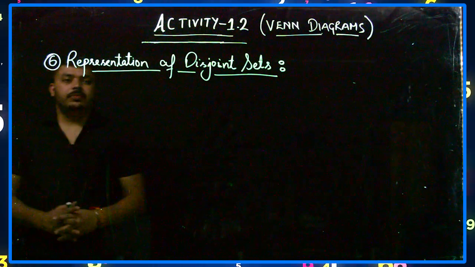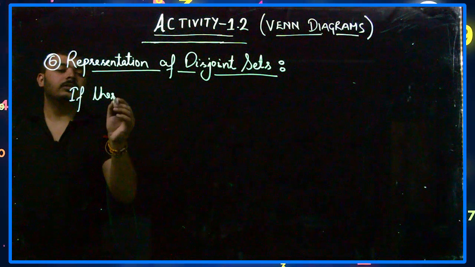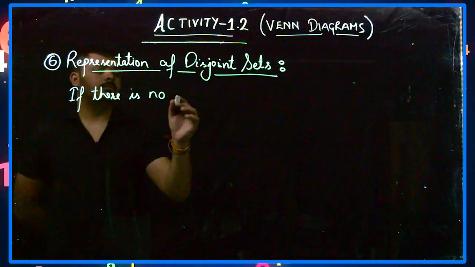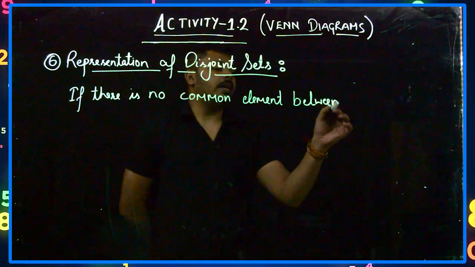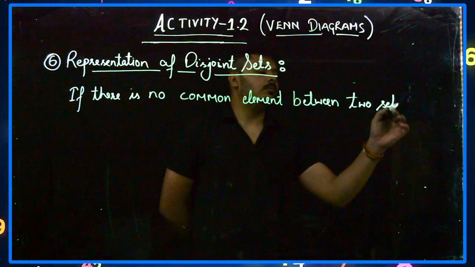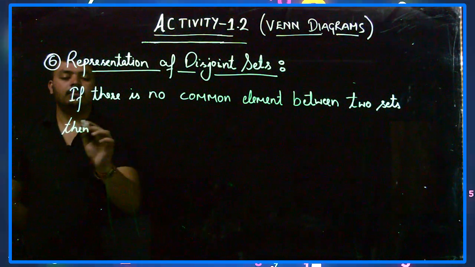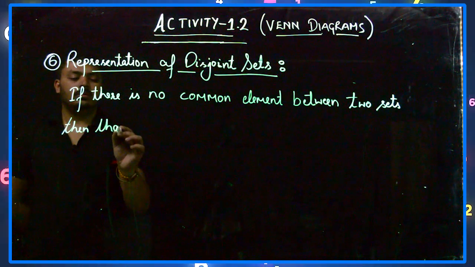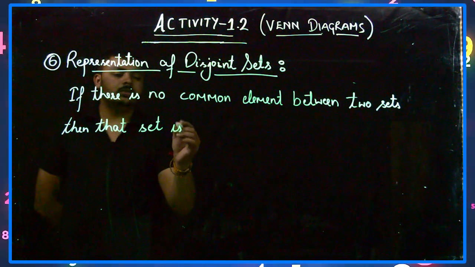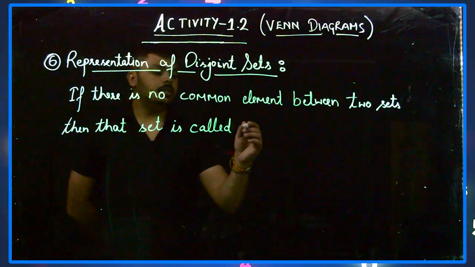Now in 6th point we will see representation of disjoint set. If there is no common element between two sets, then that set is called a disjoint set.